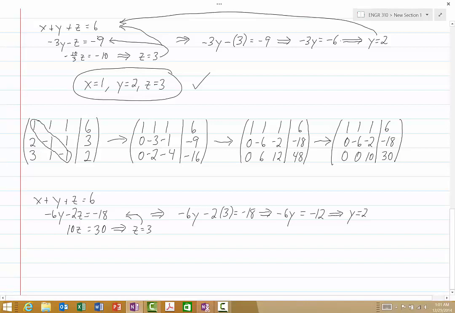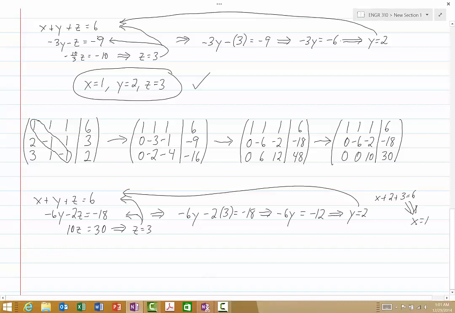Then we plug in z equals 3 and also y equals 2 into the first equation, and we get x plus 2 plus 3 equals 6, which implies that x is equal to 1.